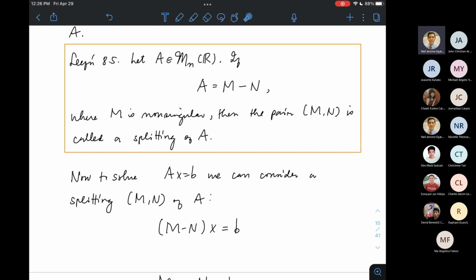So you want it to be written as the difference of a non-singular matrix M minus a matrix N. So of course, A, M, and N must be of the same dimensions. So parang ang ginagawa natin dito ay tinatanggal natin, to some extent, yung mga extra dun sa mga entries ni A na nagko-cause ng pagiging singular niya. Alright? Kasi gusto natin makapag-isolate ng isang non-singular portion nung kay matrix A.